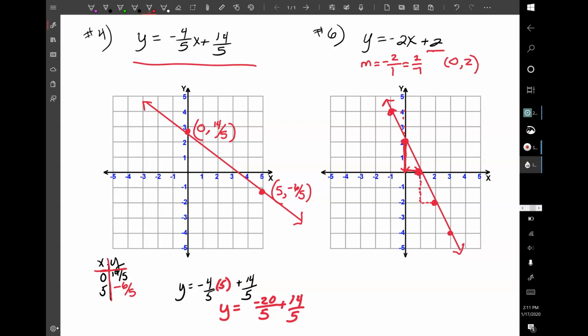I usually ask you to label a couple points. I'm going to get rid of these extra little marks. So I usually label the intercepts if it's easy enough to tell. If I didn't know the exact number or if it was a fraction on one of the intercepts, I would pick something else, or I would just do my best. I might need to figure them out algebraically for sure though. So the x-intercept is 1, 0. I'm going to label that also, and then I would be done with that.